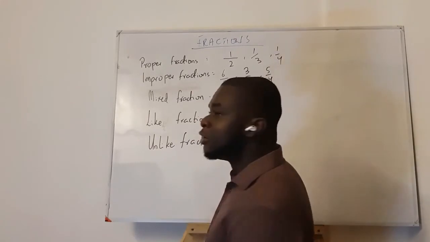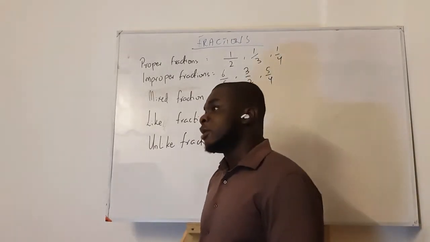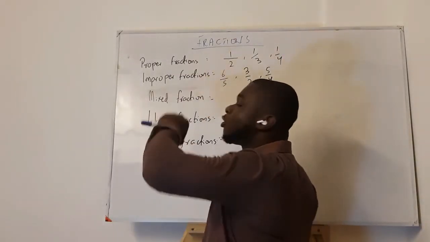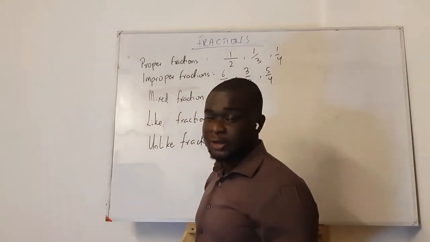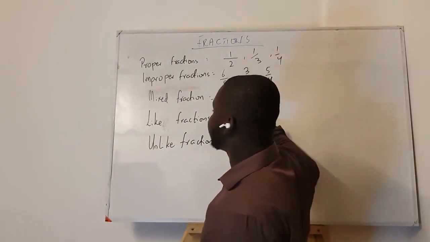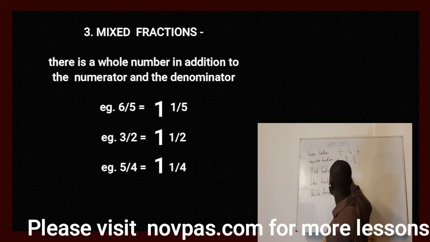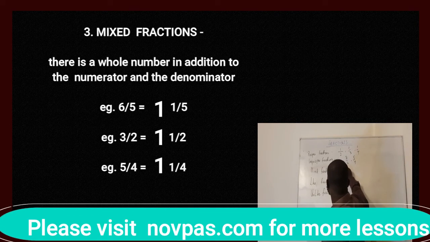Now when we say a mixed fraction, when you have an improper fraction, you can convert it to a mixed fraction. For example, this 6/5, if we were to convert it to a mixed fraction, that would be one whole number, 5/5 plus 1/5, which makes it 6/5.